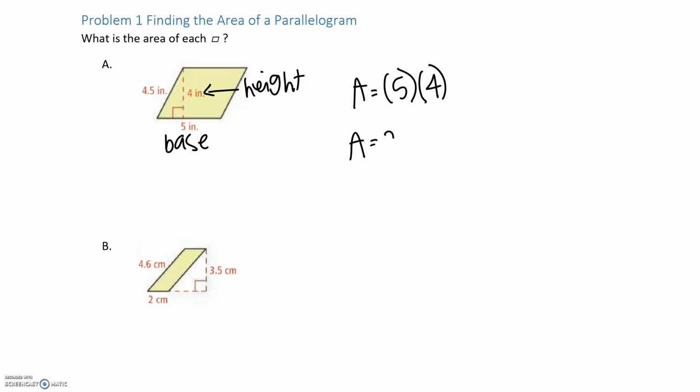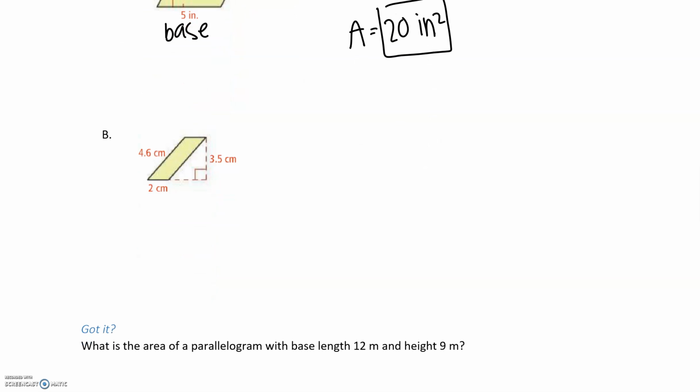That gives us 5 times 4, which is 20. And our units for area are going to be inches squared. So if you were with me last semester, you remember area squarea. Sticks in your head all the time. Remember that for this entire chapter. It's area squarea.